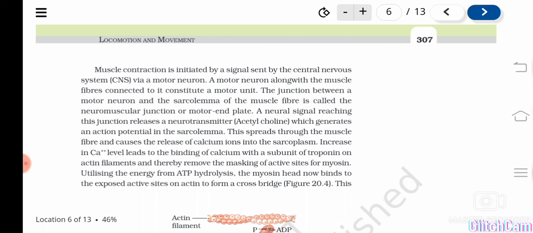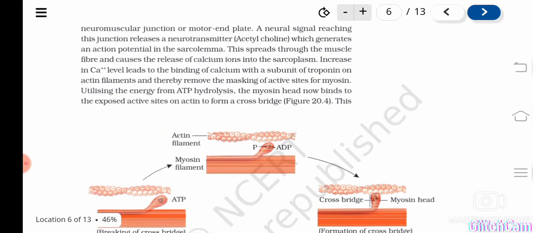When the calcium level increases in the sarcoplasm, what happens? The troponin subunit on the actin filaments has, as I told you, some masking effect. That masking effect will be removed. Understood?